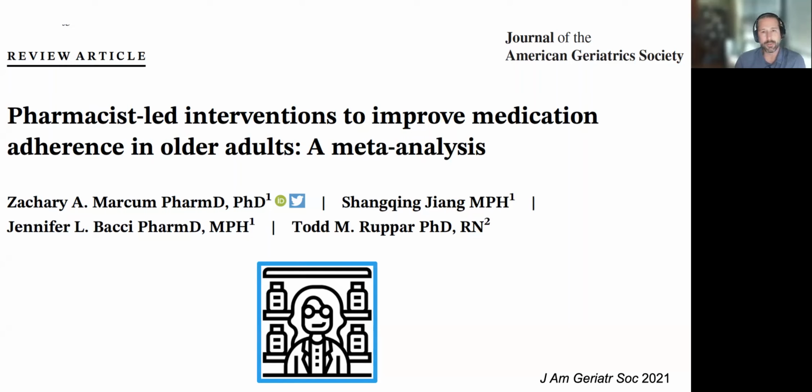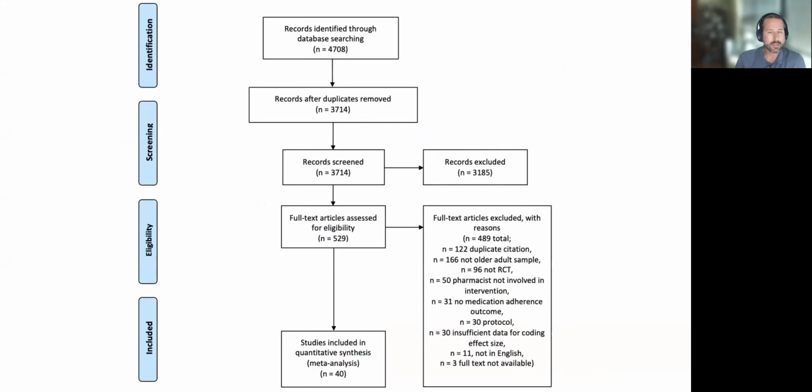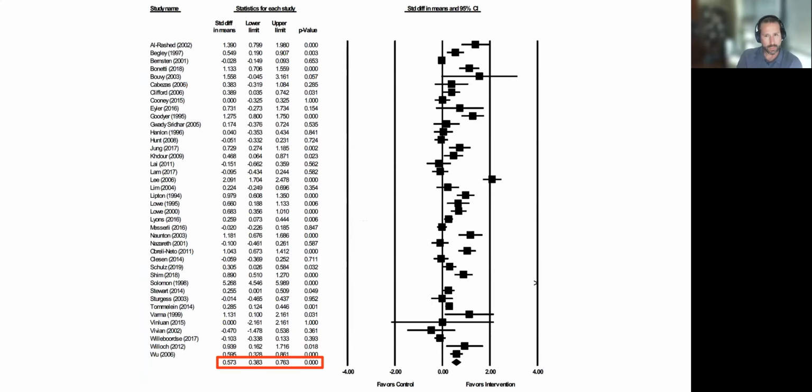So we thought it would be helpful to take stock of what is known, what's the summary effect of pharmacist-led interventions to improve med adherence in older adults. So we started with about 5,000 studies, and we ended up with 40 that were included. We had a total of 8,800 patients across the 40 studies.